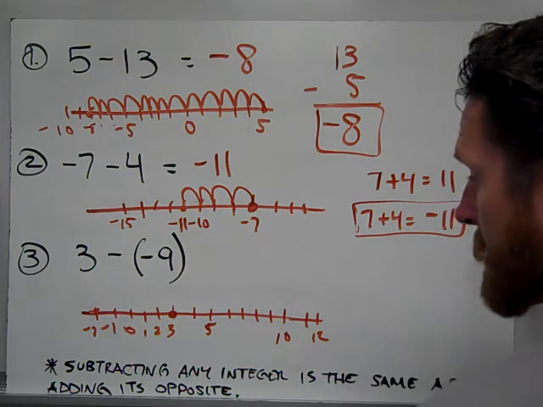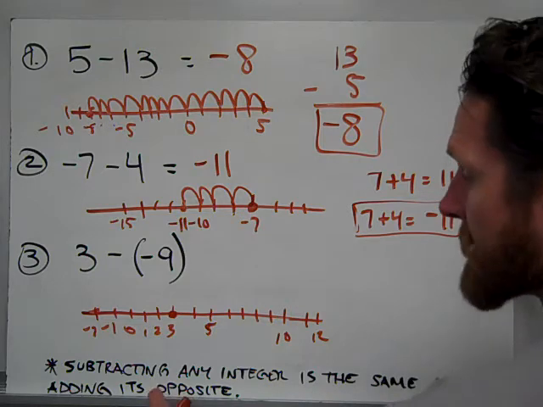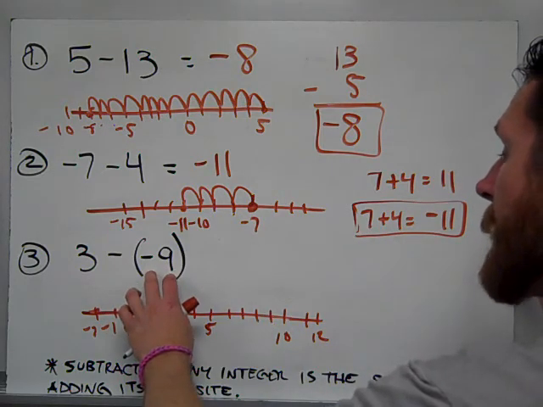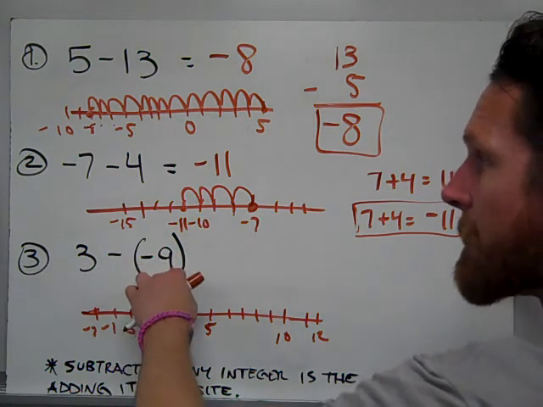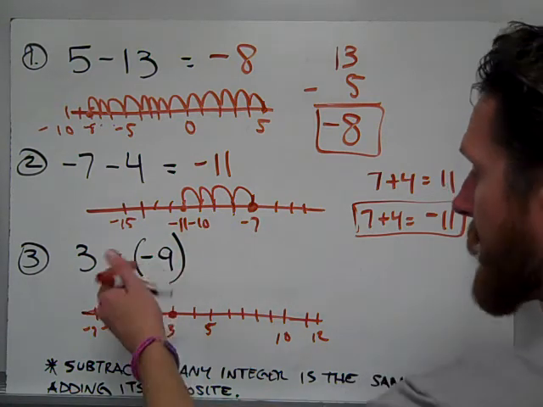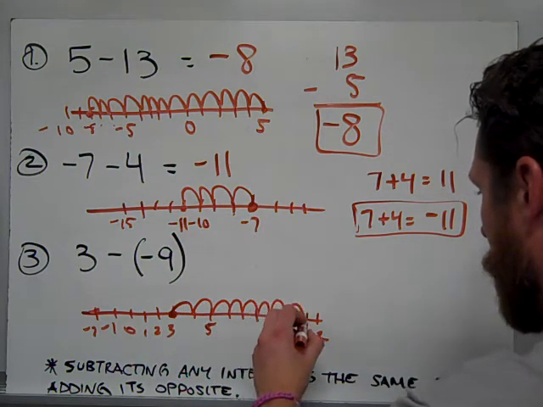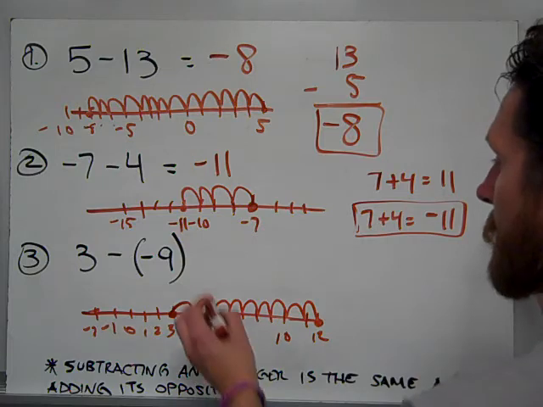Now here's the thing. Subtracting any integer is the same as adding its opposite. So I'm subtracting this integer, right? It's the same as adding its opposite. So if I add its opposite, I'm adding 9. 1, 2, 3, 4, 5, 6, 7, 8, 9. 12 is my answer.